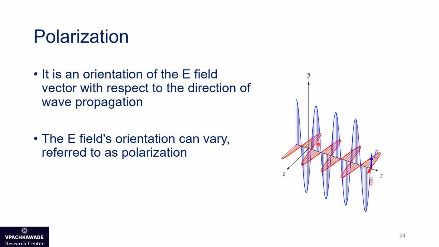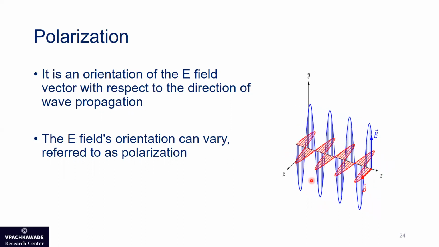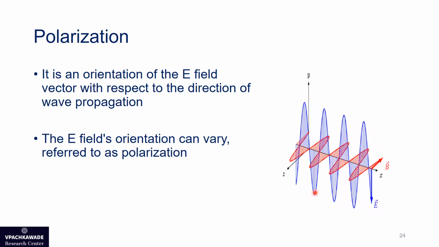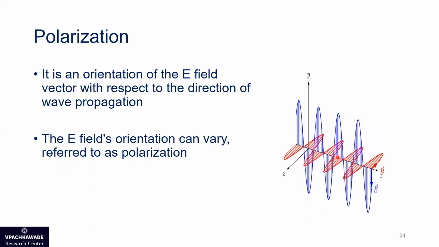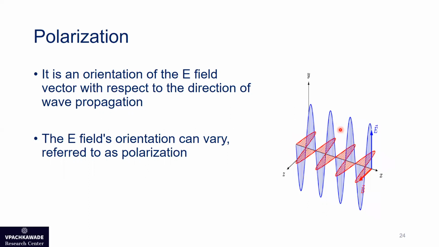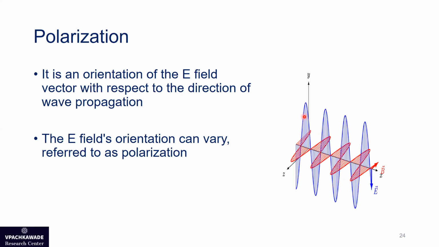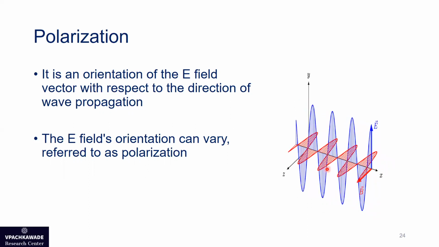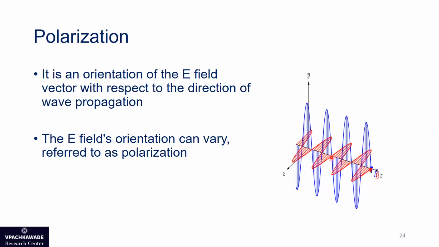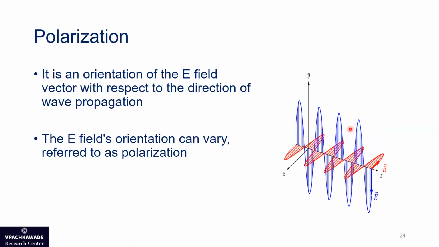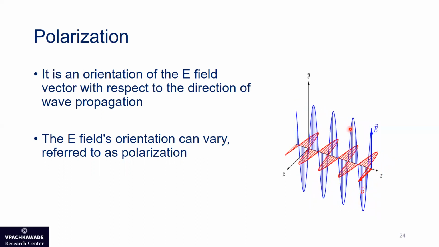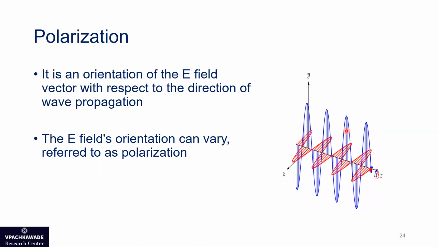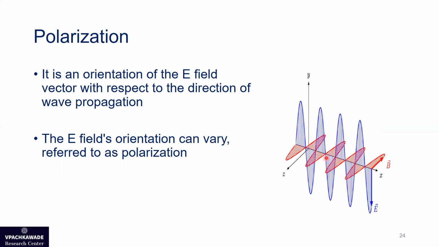So this is a linear polarization, and specifically it is vertical linear polarization. Now imagine the red takes the place of blue and the blue waveform takes the place of red.